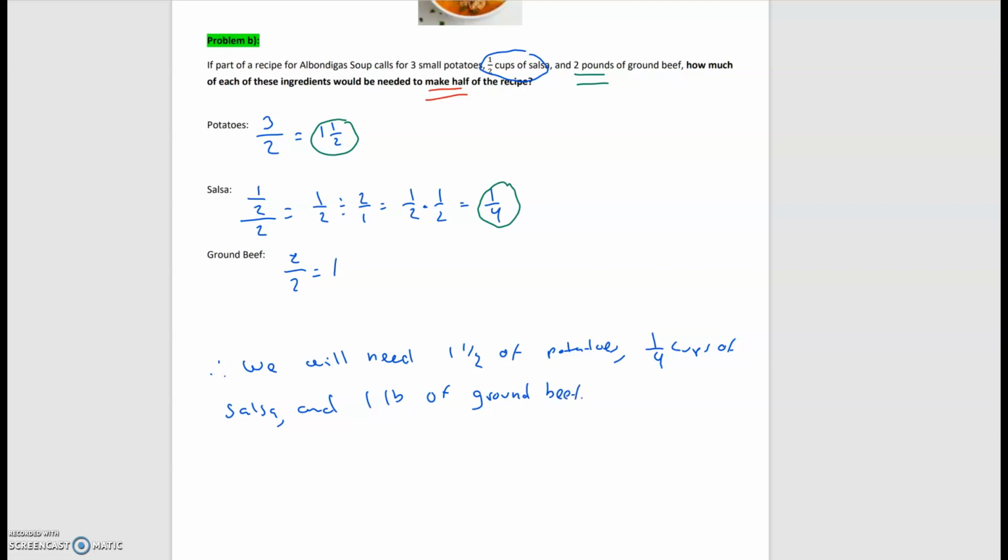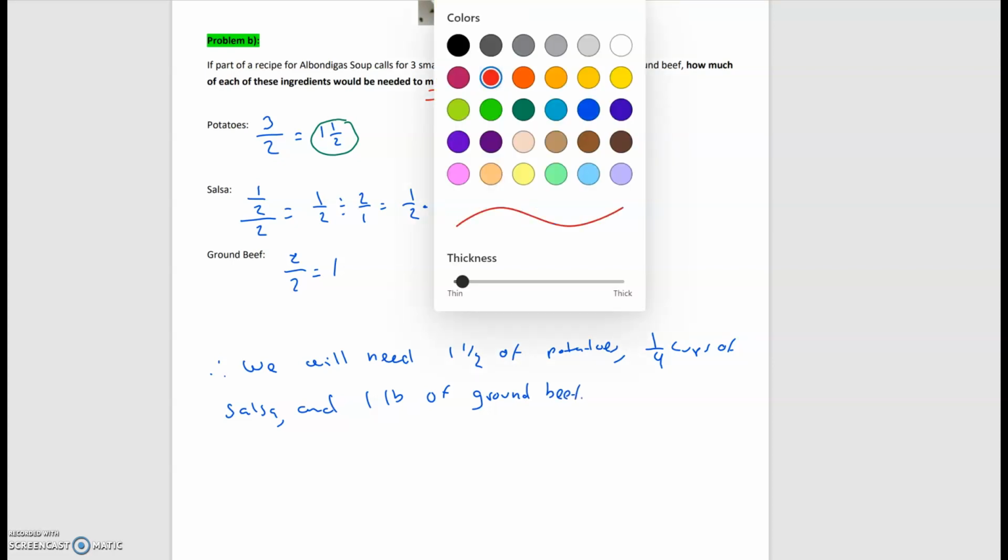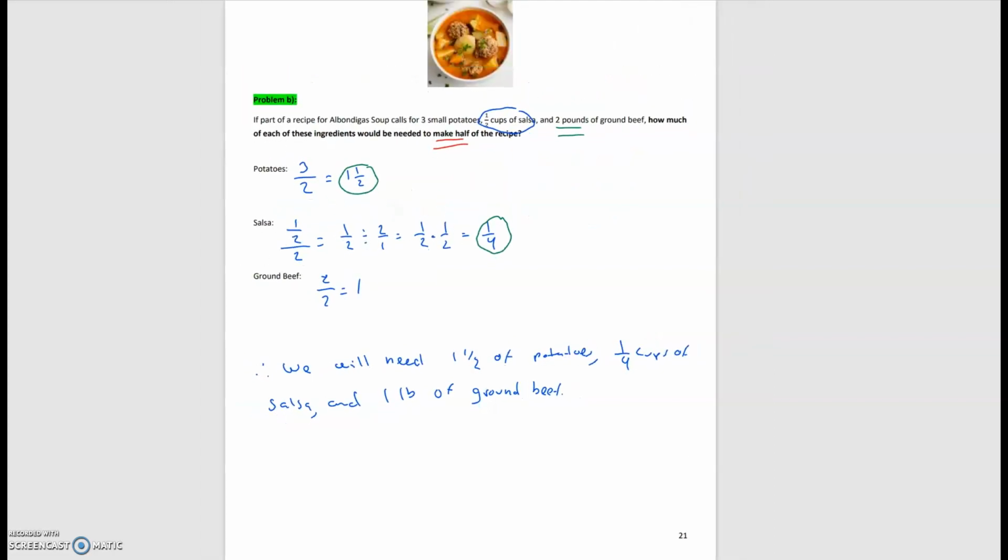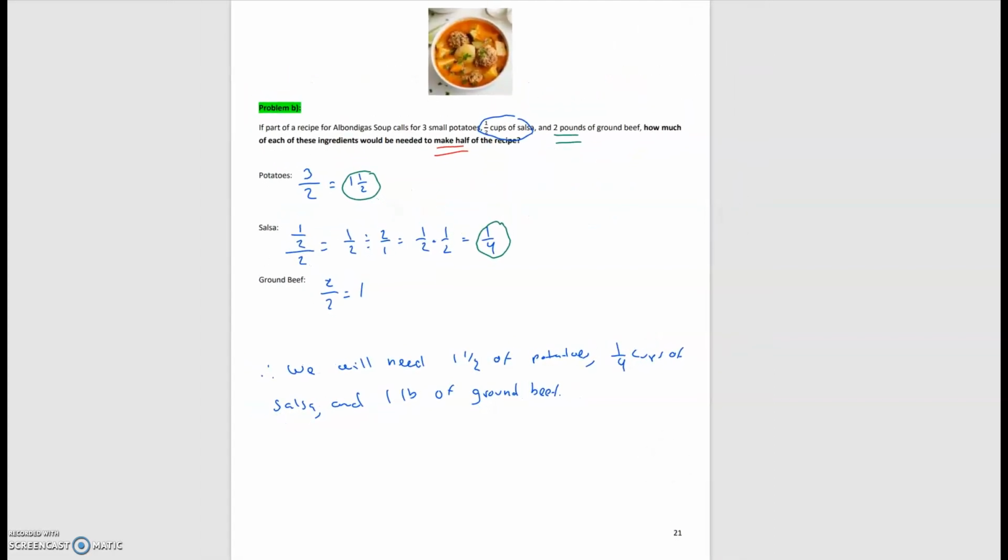And that's pretty much it. So this particular one is only asking, if you have a recipe and you were to make half of it, every ingredient gets divided by 2. Let me just take a look, but we're good on this one.